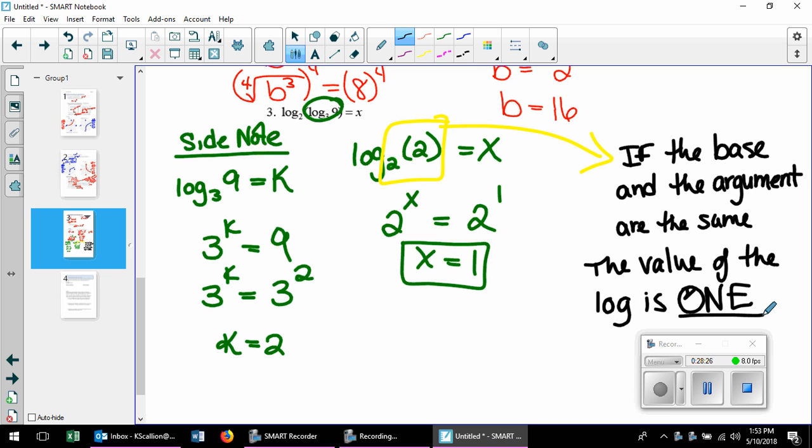Just like your Pythagorean identity, sine squared theta plus cos squared theta equals 1, you don't have to prove it to me. So if you see this, you know automatically that if the base and the argument are the exact same thing, the value of that logarithm evaluates to 1. Makes sense to everybody? So that's a known truth. You don't have to prove it. You don't have to show me all the steps. You just know that that's true. And if you want to prove it to me, have at it. You don't have to.